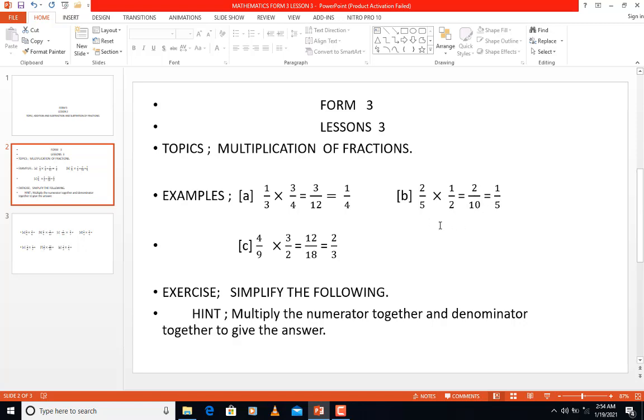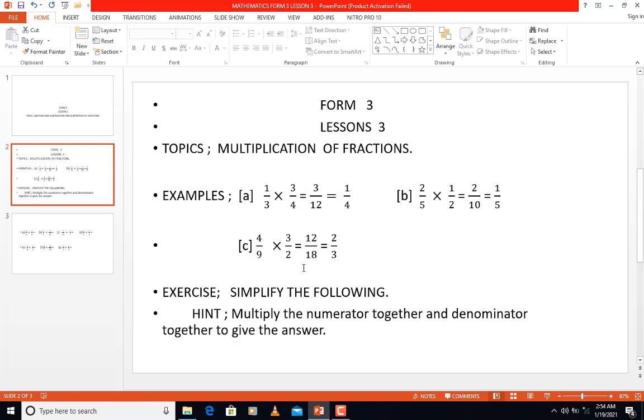So both methods are good. I encourage you to practice them. But when cancelling, make sure you do your division properly. Cancel properly without making errors. So that is how we multiply fractions.